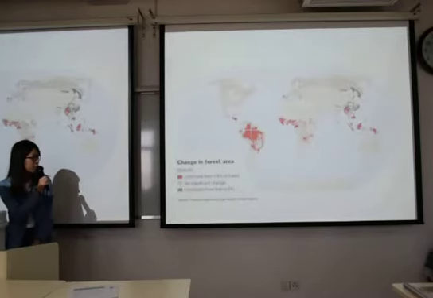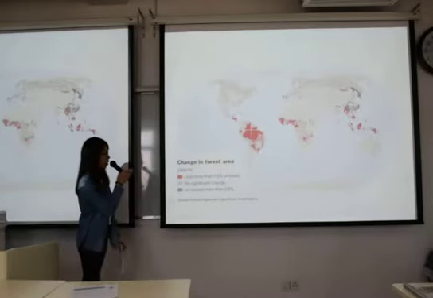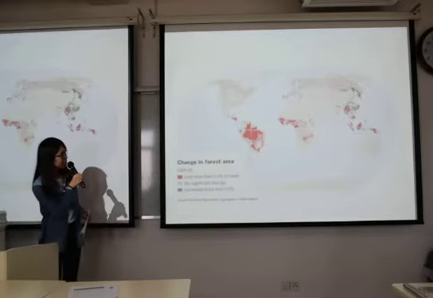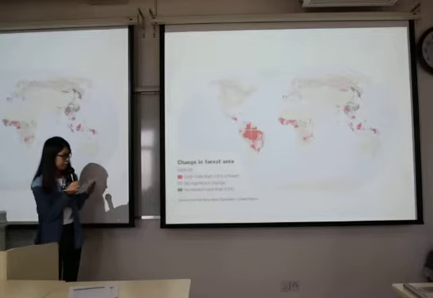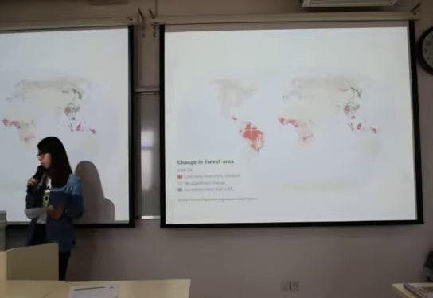And this picture shows that the change in forest area in 2005. We can see the red color is the loss of forest. We can see in South America had the most loss of forest, even more than Africa.